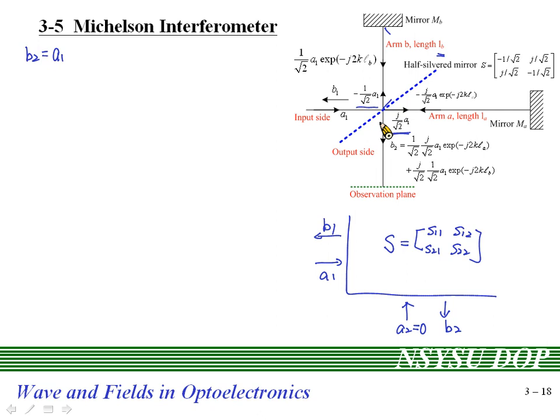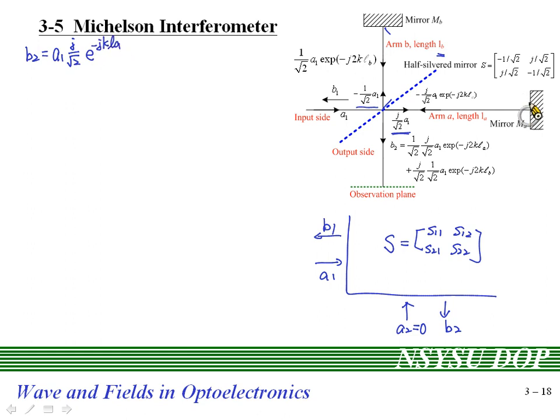We will have the corresponding parameter j over square root of 2. And as the light beam goes from here to here, it will accumulate phase difference by exponential minus jkLA.